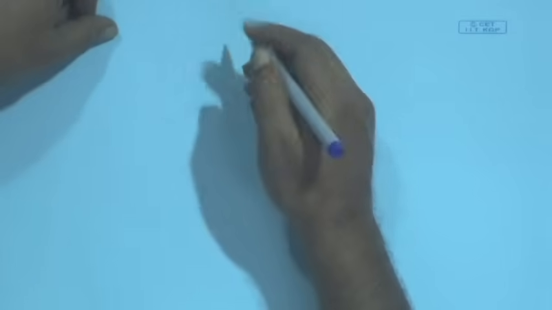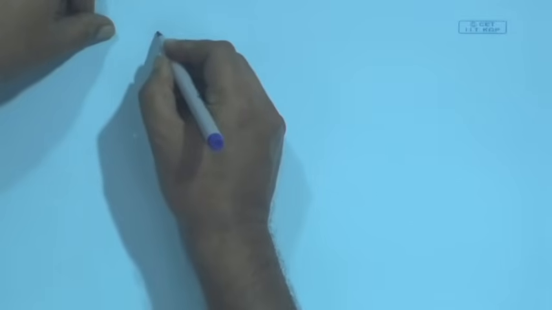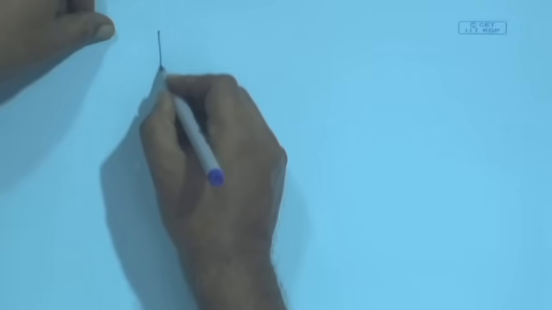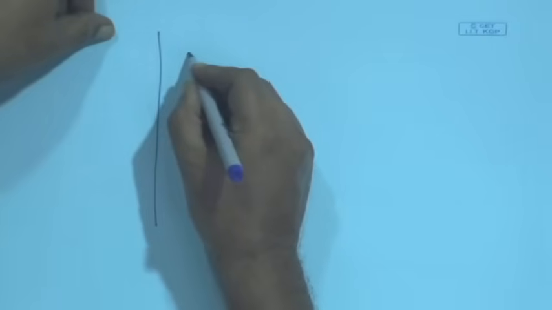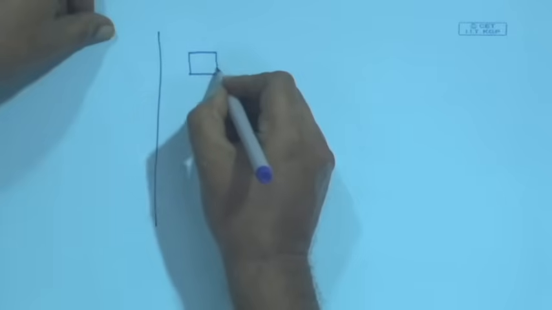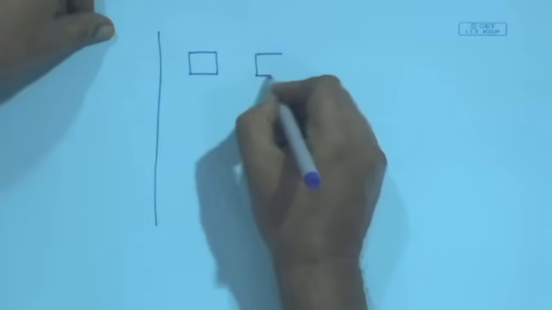Now, in the last class, we had seen that an FPGA is nothing but, I had drawn a diagram where I had shown that there are a number of configurable logic blocks.